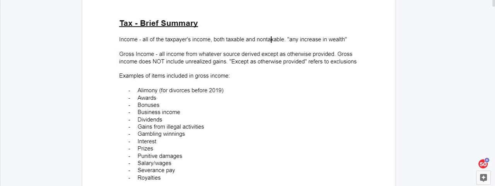That means that only 90K of your 100K income will be taxed. The other 10K is tax-free. You will not be taxed on that at all. Only the 90K, the IRS says, is what they will tax you. That 90K refers to taxable income. So taxable income is a portion of your income that the IRS says is taxable.